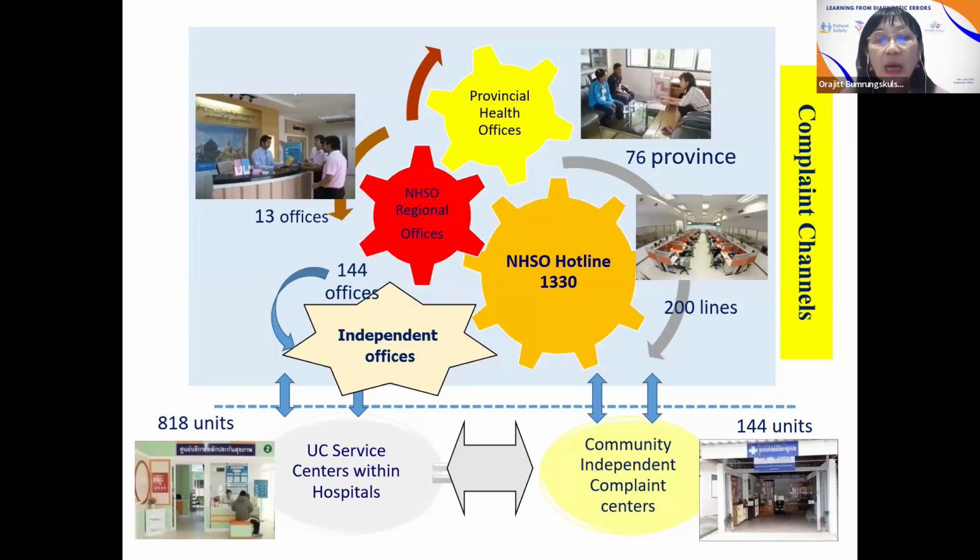And this is the framework of the complaint channel. If patients have a problem from the service, they can go to the National Health Security Office, the main office, or they can call hotline 1330, or they can go to the National Health Security regional offices, 13 offices including Bangkok, and go to the provincial health office in every province, 76 provinces, not including Bangkok. The hotline now has 200 lines on 1330.